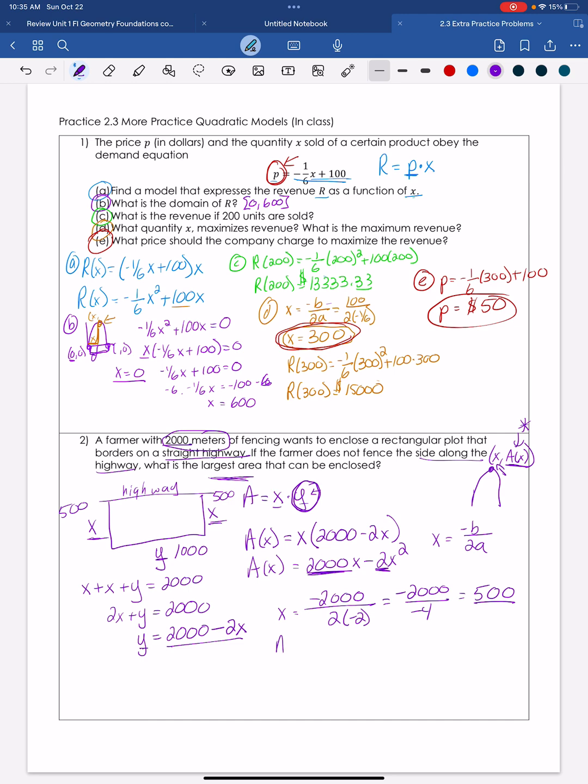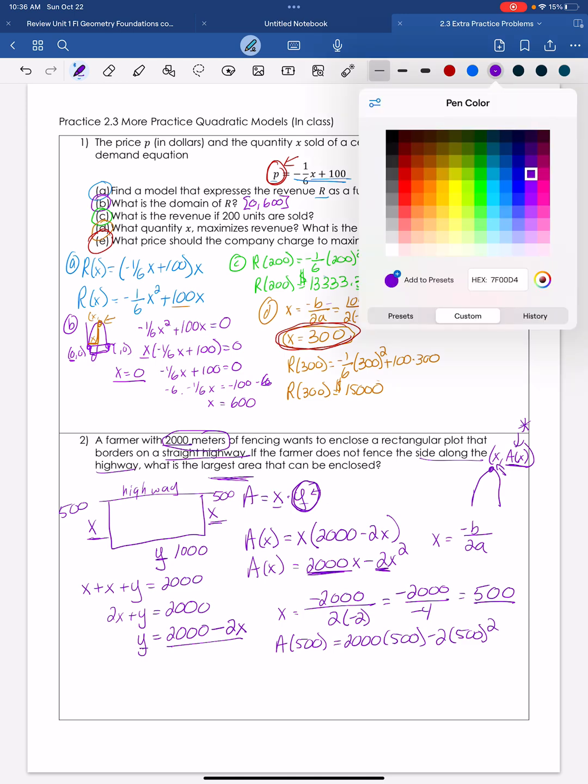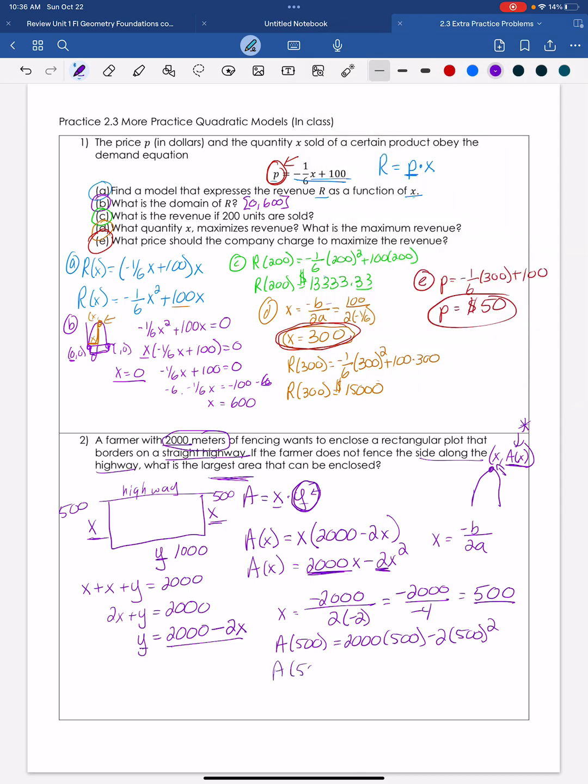So the area is going to be 2,000 times 500 minus 2 times 500 squared, so the area is going to be 500,000, and your units are meters squared.